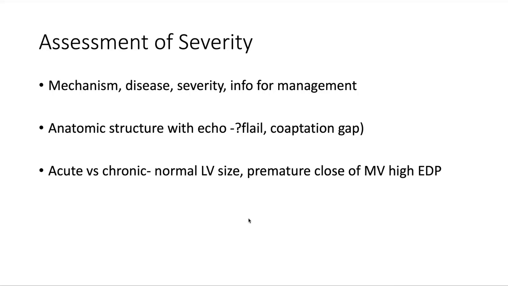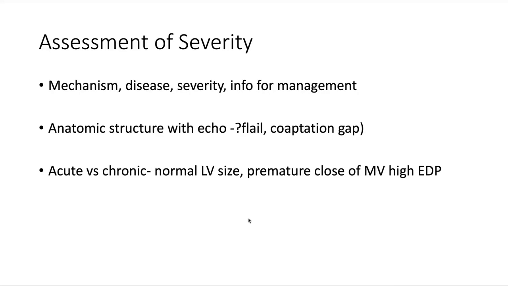Then the assessment of its severity, which we'll talk about now, and what additional information you can use to support your call of severity, as it will have implications on the management. Worth mentioning also the anatomic structure of the valve, a flail, a coaptation gap, and acute versus chronic, which we'll talk about a little bit later.